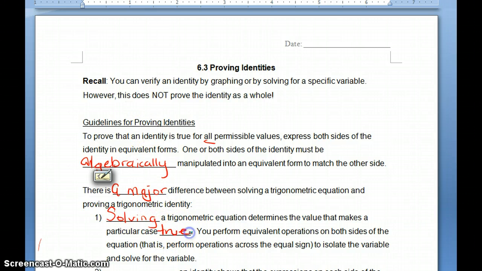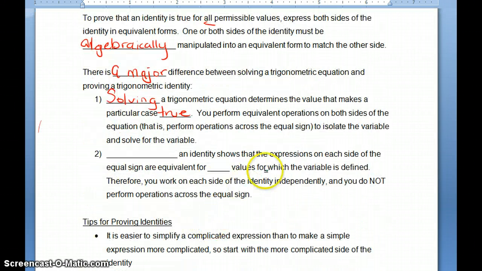You perform equivalent operations on both sides of the equation, in other words, you perform operations across the equal sign. So what you do to one side, you do to the other, and to do that, you isolate the variable and solve.